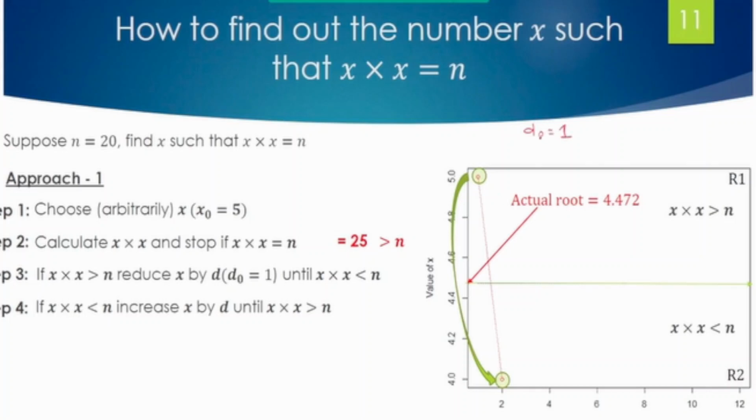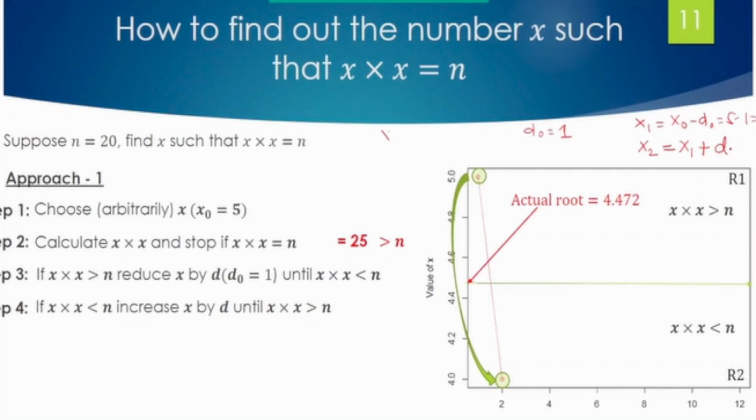Using this d0, we actually got this result x1, which is equal to x0 minus d0, that is 5 minus 1 equals 4. Now when I calculate x2, this will become x1 plus some d, right? For the time being I am writing some d, okay? I will tell you what the value of d is.